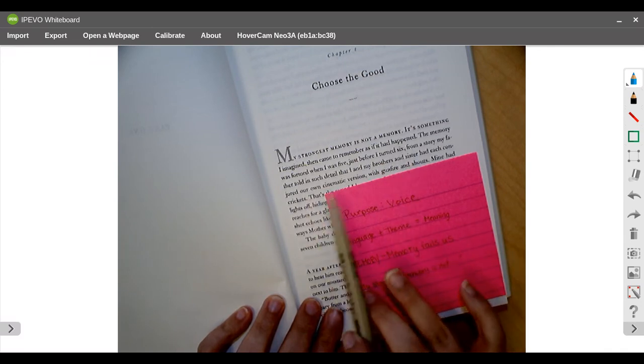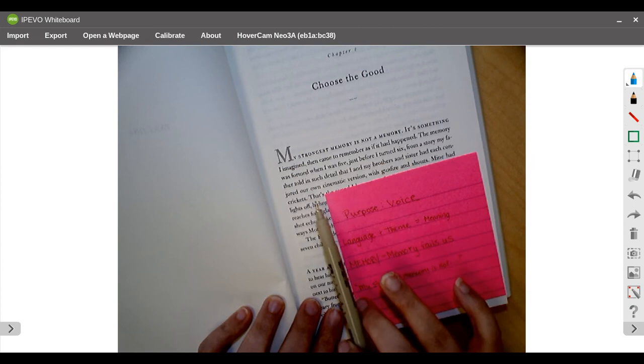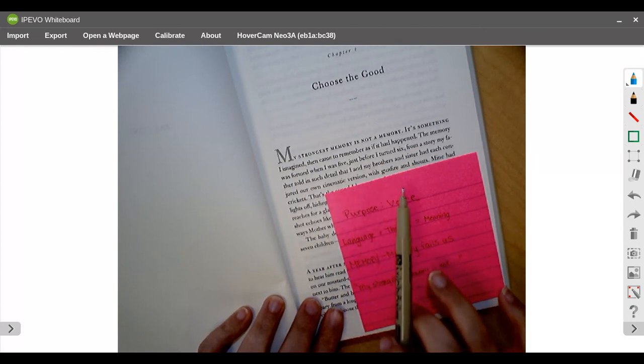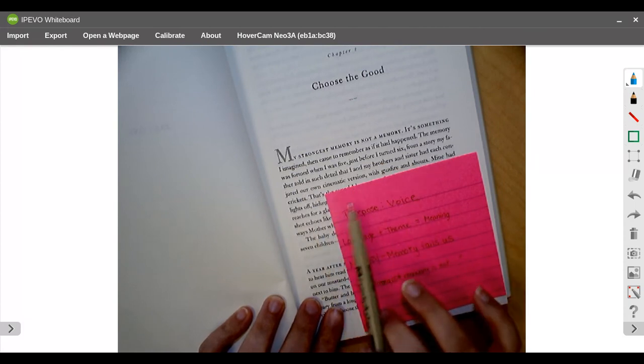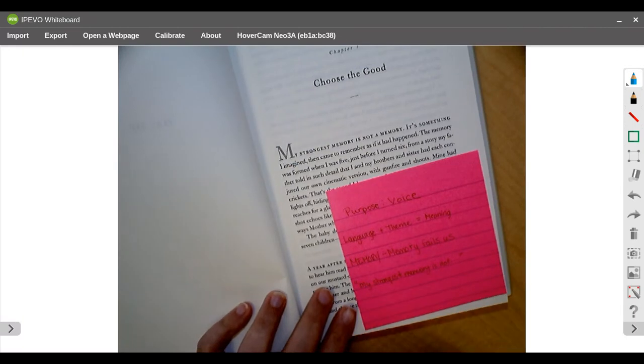Okay? The memory was formed when I was 5, just before I turned 6, from a story my father told in such detail that I and my brothers and sister had each conjured our own cinematic versions with gunfire and shouts.